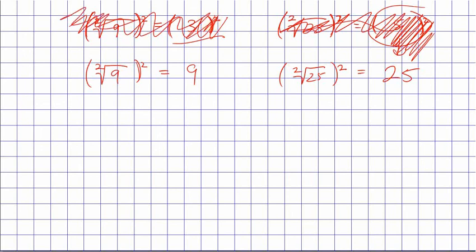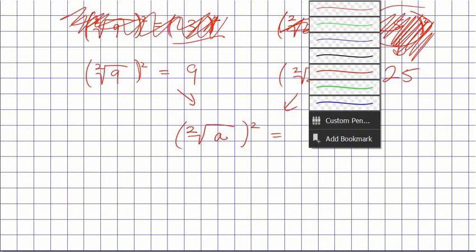The pattern to notice in common in both of these is that we can say the second root of a number, squared, is going to equal, and it's easy to get confused here and say that you should have A squared or something like this.